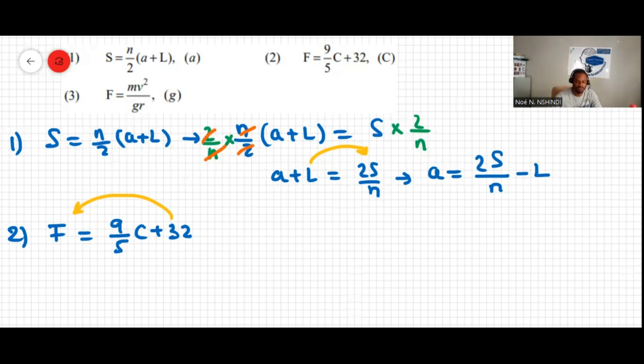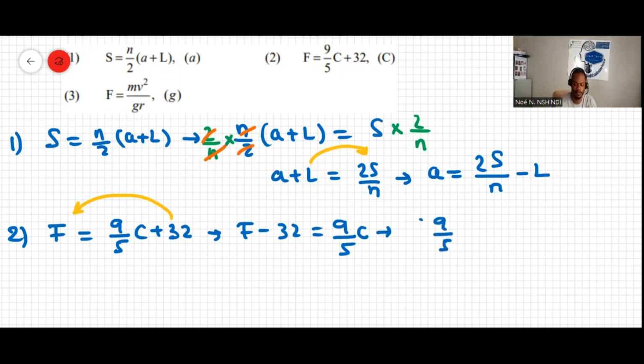So this will be F minus 32 equal to 9 over 5 C. We need to treat the sides again. So 9 over 5 C will be equal to F minus 32.